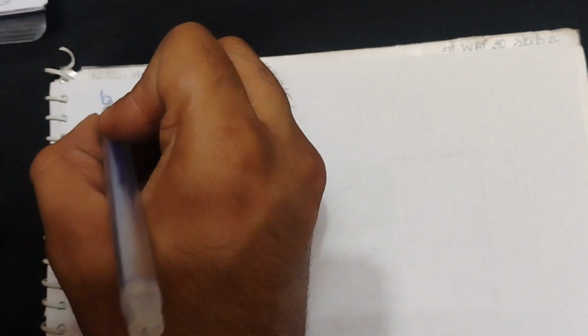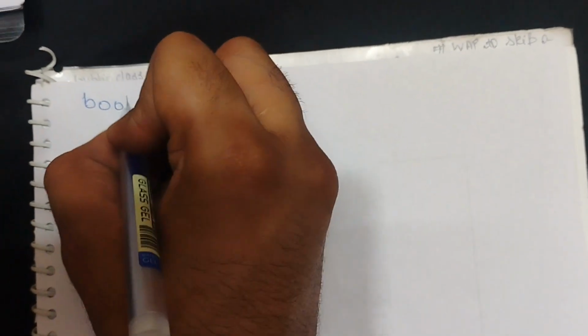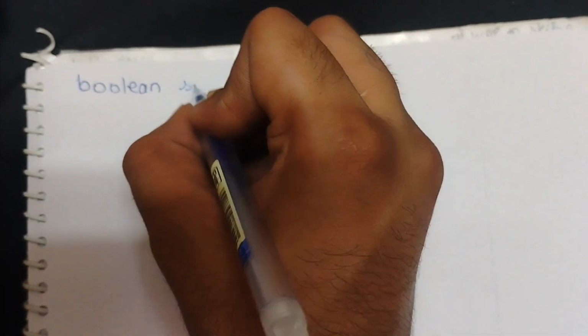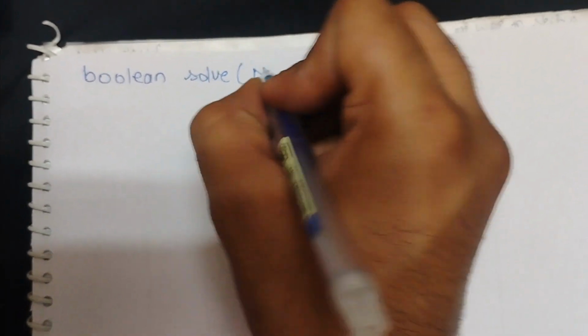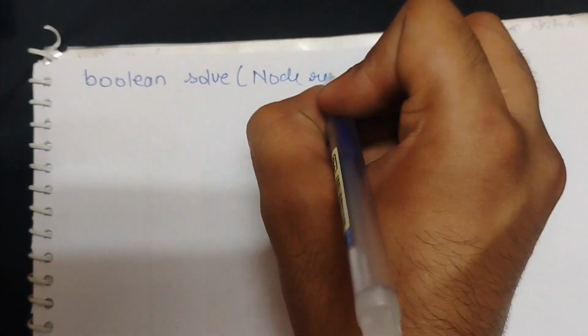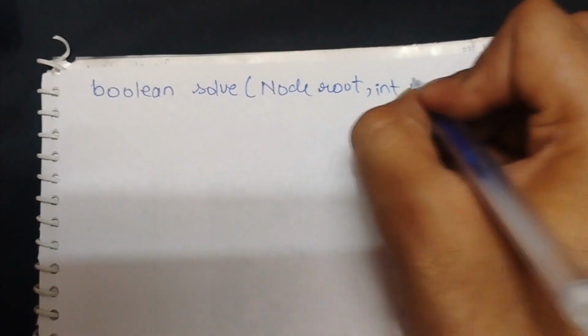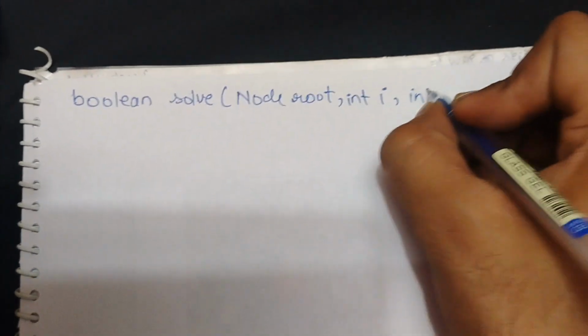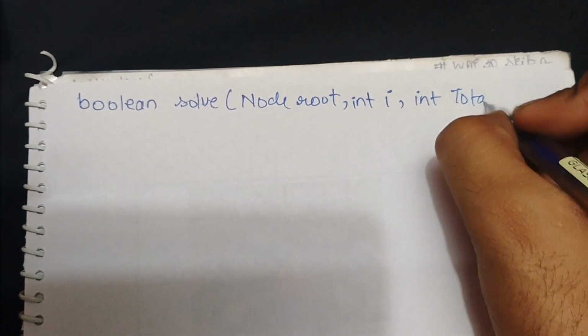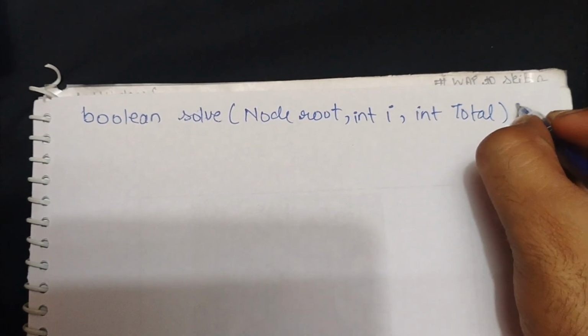As I told, the return type would be boolean. Now I'll name the function solve, and I have passed 3 parameters: root, then index, which I'll name i, then total, meaning the total number of nodes.